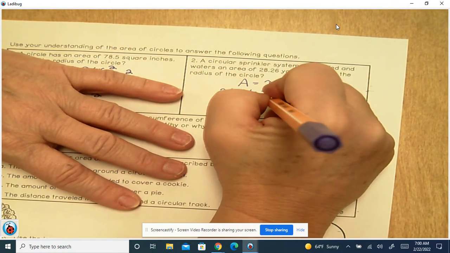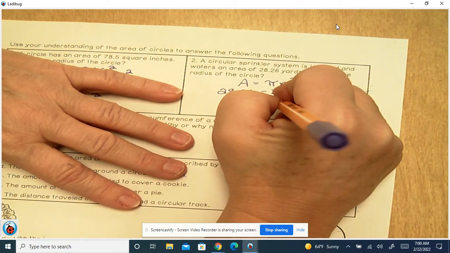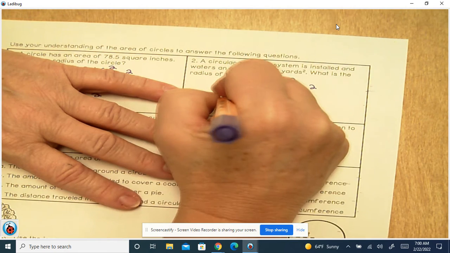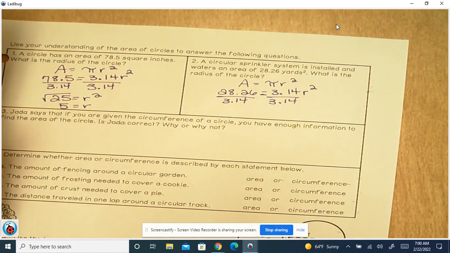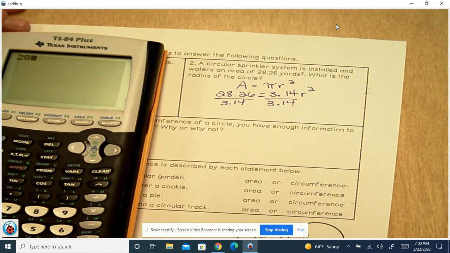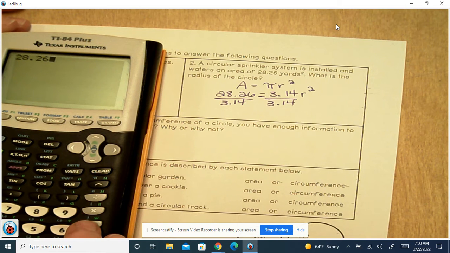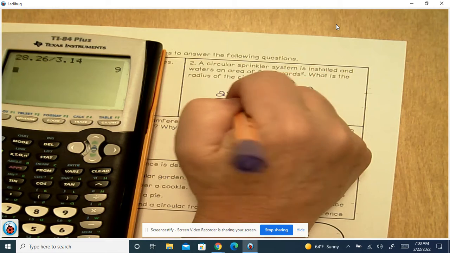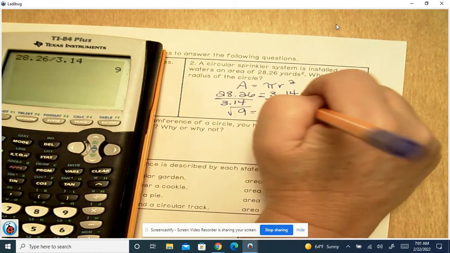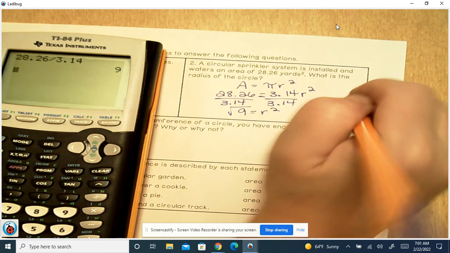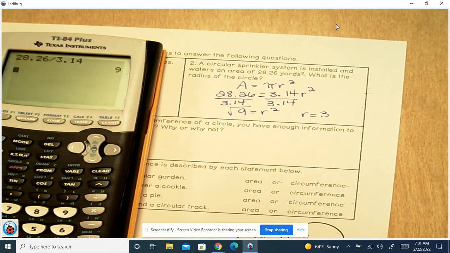So we divide by 3.14 on both sides. And then 28.26 divided by 3.14 is 9. So 9 equals r squared. The square root of 9 is 3. So the radius equals 3. I'll have to check back and see why that comes up negative.